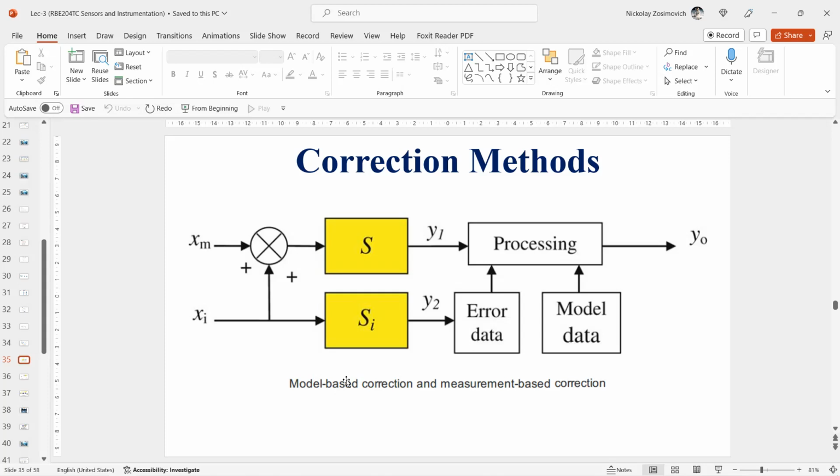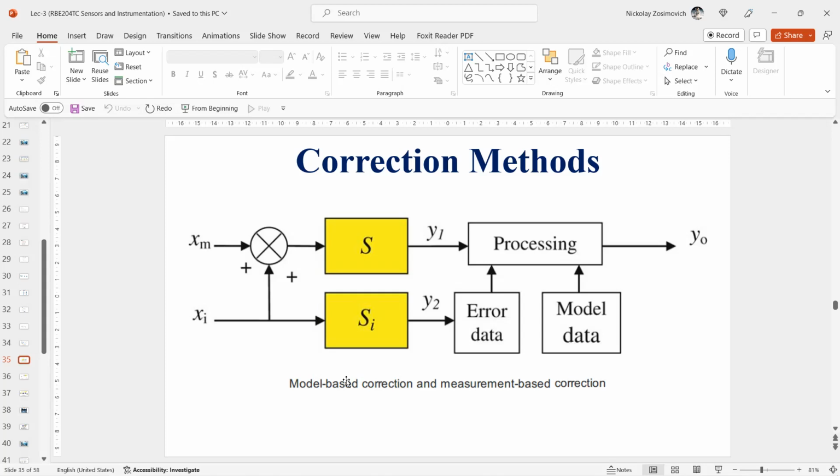In the model-based approach, the sensor signal is corrected based on prior knowledge about the origin of the error. For instance, nonlinearity or a calibration curve, which is stored in a lookup table. If the errors are unknown, in case of interference, the error signal could be measured separately by additional sensors.